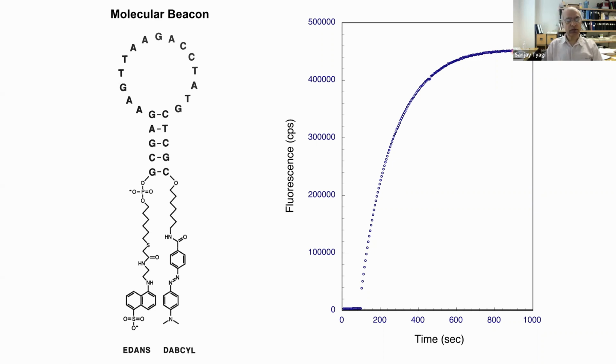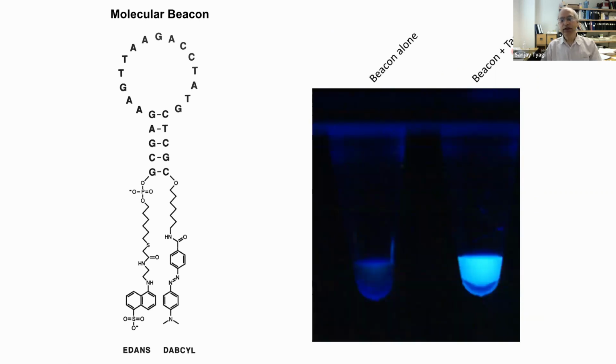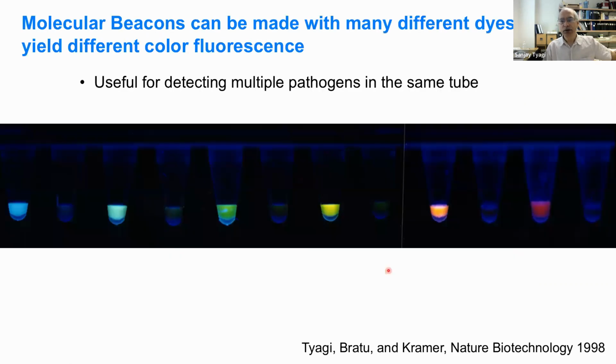So these molecules are very well quenched, and they restore to full extent. So the signal to background will be very high. And you can appreciate that the reaction takes place spontaneously at room temperature. And this is just a picture of this reaction on a UV box.